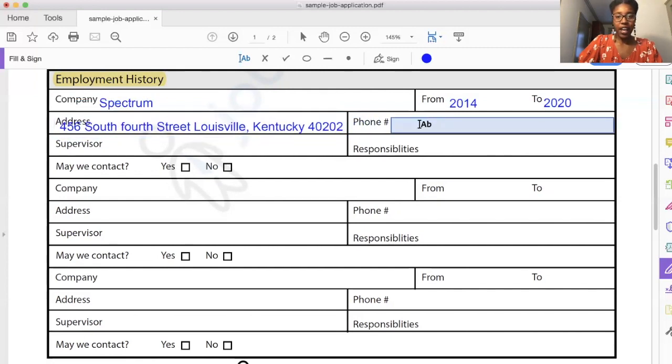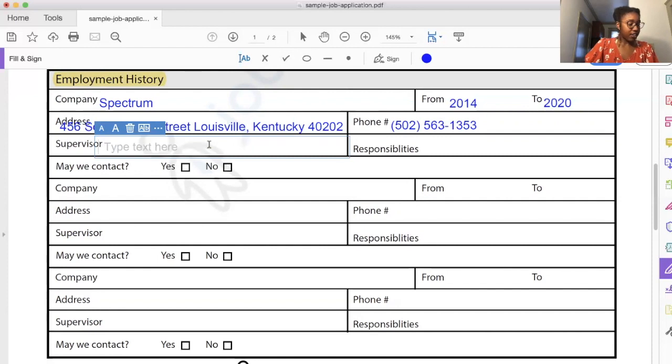All right. And next it asks for phone number. We will put the phone number of Spectrum in Louisville. So the Spectrum phone number, open parenthesis, 502, close parenthesis, 563, 1353.